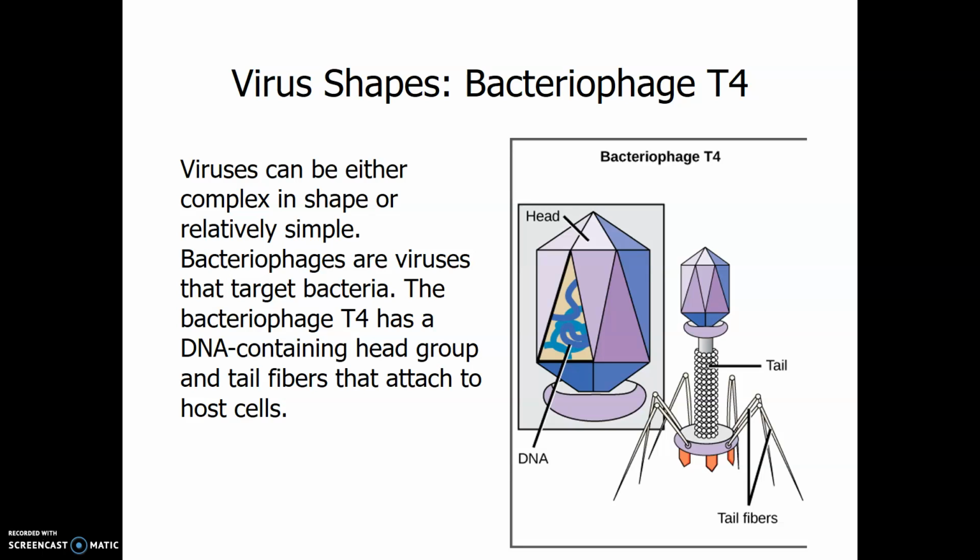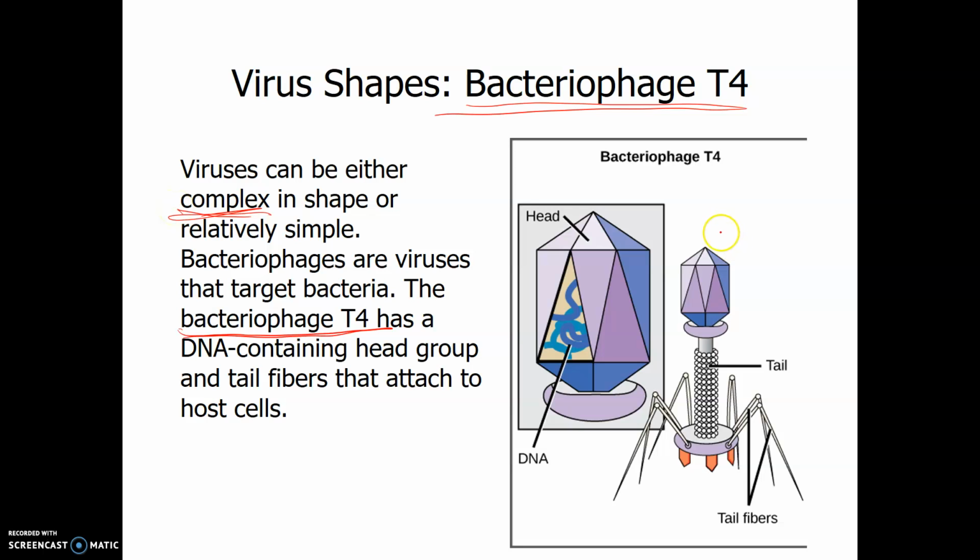This virus is called a bacteriophage, and we actually did learn about bacteriophages. This is bacteriophage T4, but a bacteriophage is a virus that specifically infects bacteria. And this bacteriophage T4 is an example of a virus with a complex structure.